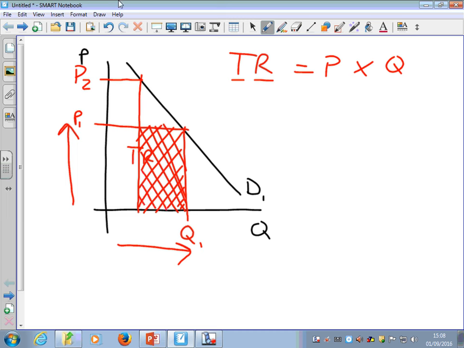So when demand is price inelastic, what a business should do if they want to make more money, you should raise the price. Okay, why would you not lower the price? Well, look at this. It would make no real business sense. So we've got our demand curve. Start off at P1, Q1.